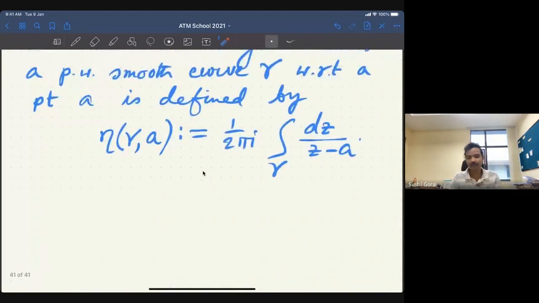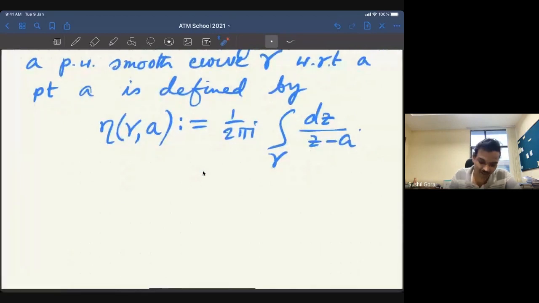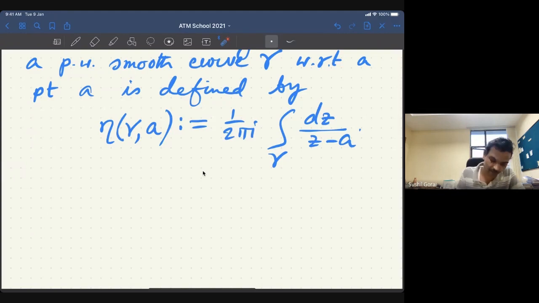All right. So this is the winding number, and the previous lemma says that it is always an integer. It may be negative. So you can look at a few examples.